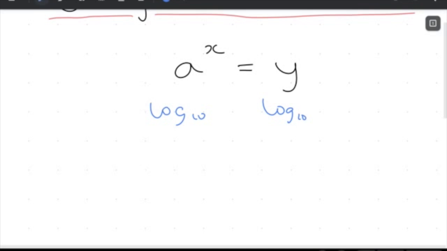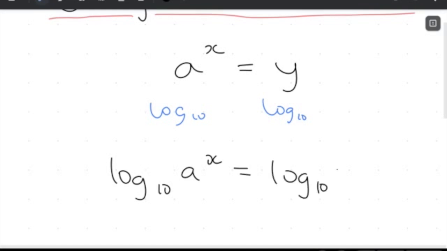On the left-hand side, we're going to get log to the base 10 of a to the power of x, and on the right-hand side, we've taken the same log to the same base of the term on the right.